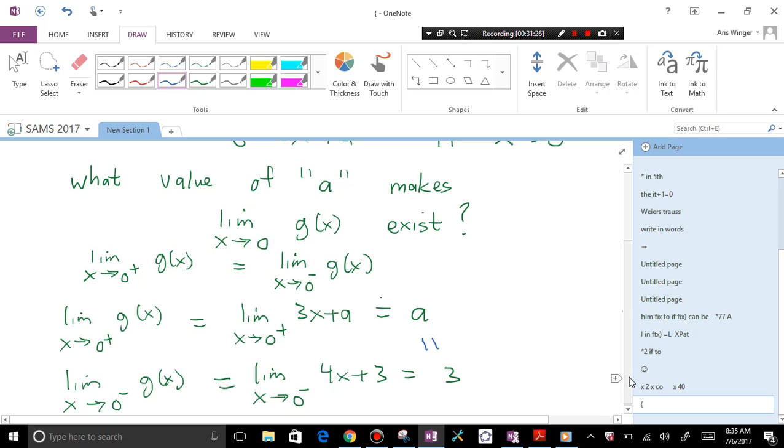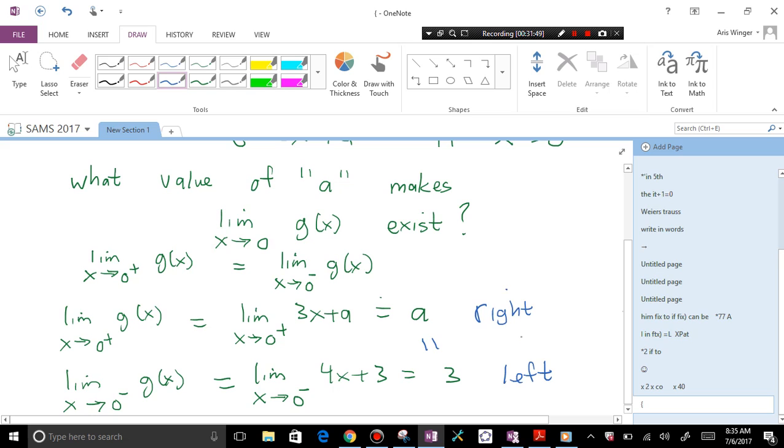Please. Why did you set it equal to A? That's a great question. So the goal of this problem is, what should A be for the limit to exist, right? What should A be so that the limit from the left equals the limit from the right? Here is the limit from the right. Here's the limit from the left.